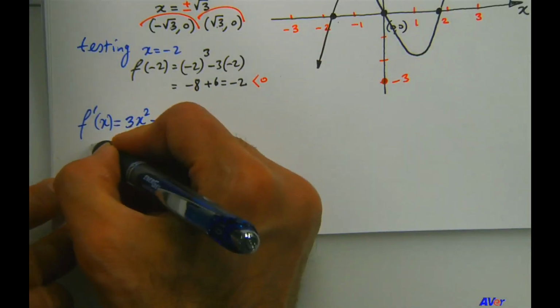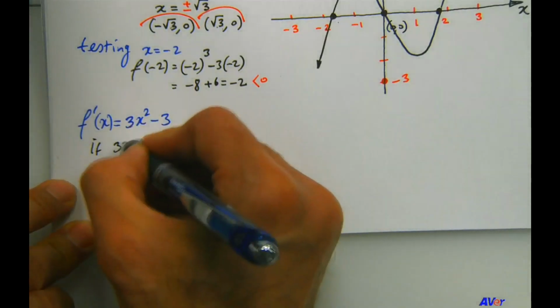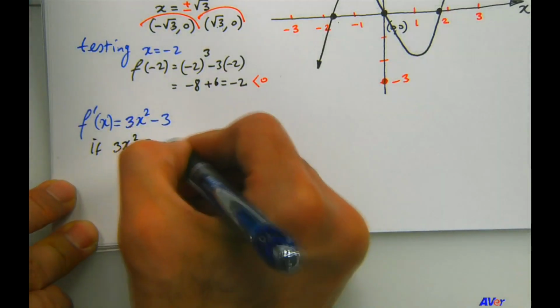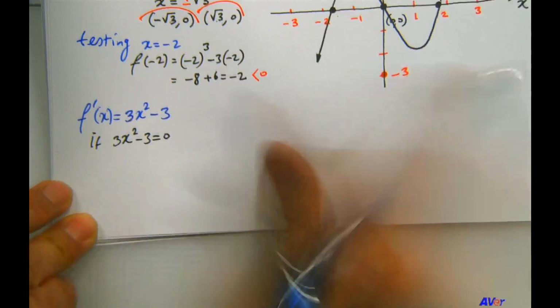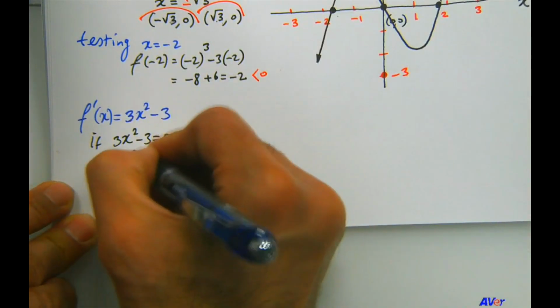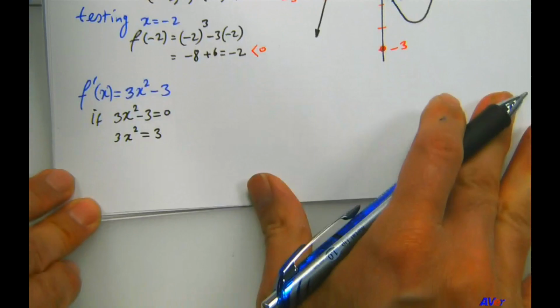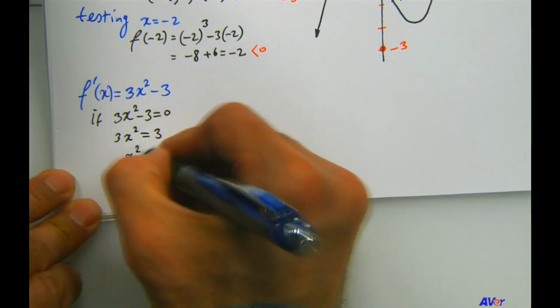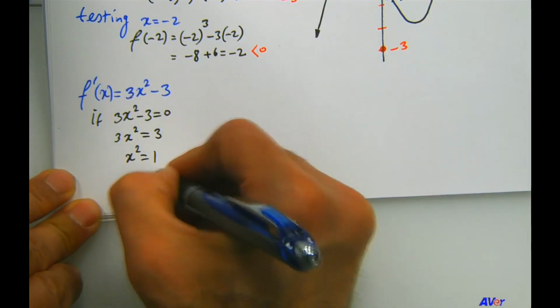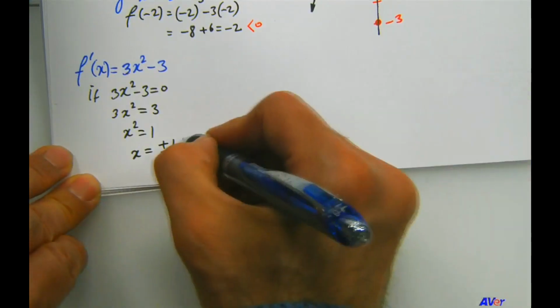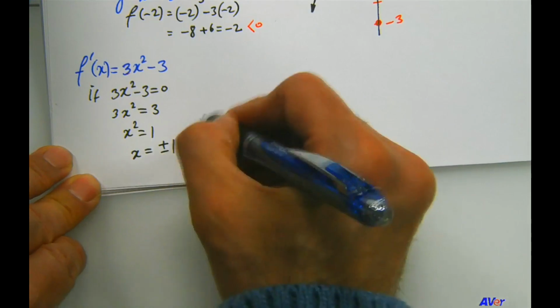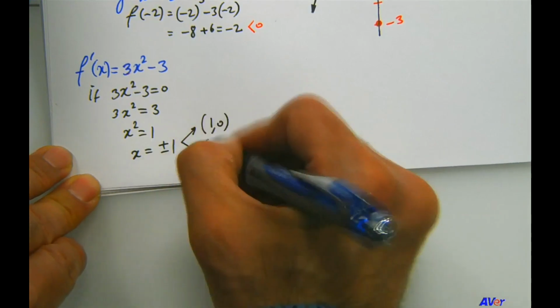If 3x squared minus 3 equals 0, we're finding the x-intercept here. So then 3x squared equals 3, and then x squared equals 1. So x equals plus or minus 1, right? Therefore, the x-intercepts are 1 comma 0 and negative 1 comma 0.